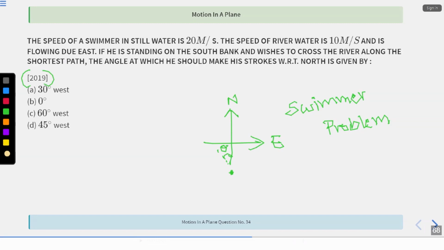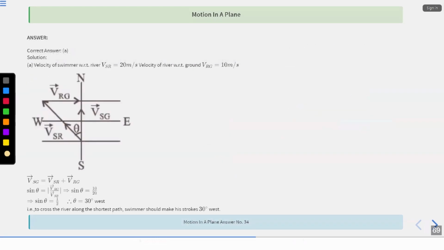So here, how do we do this? You can see the diagram. This is the angle that we need to calculate. East is the direction in which it's moving, right? So what we can write is VSG, the swimmer's relative velocity, which is nothing but VSR plus VRG.